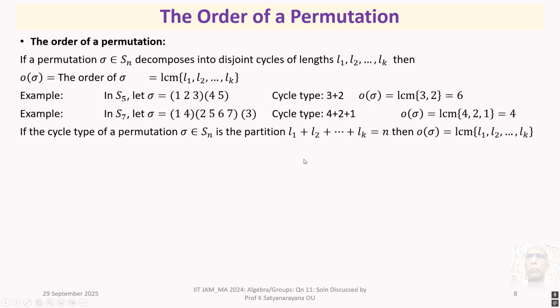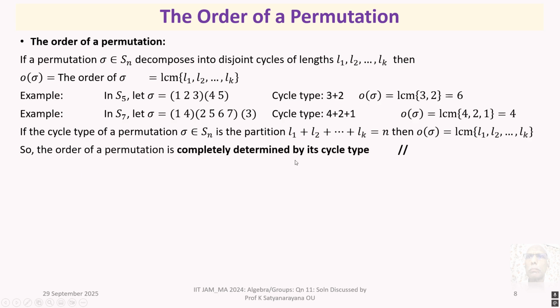The cycle type means a partition, and then you calculate the order of sigma like this. So the order of a permutation is completely determined by its cycle type, that means by its partition. Right, we stop here and we move to the question now.